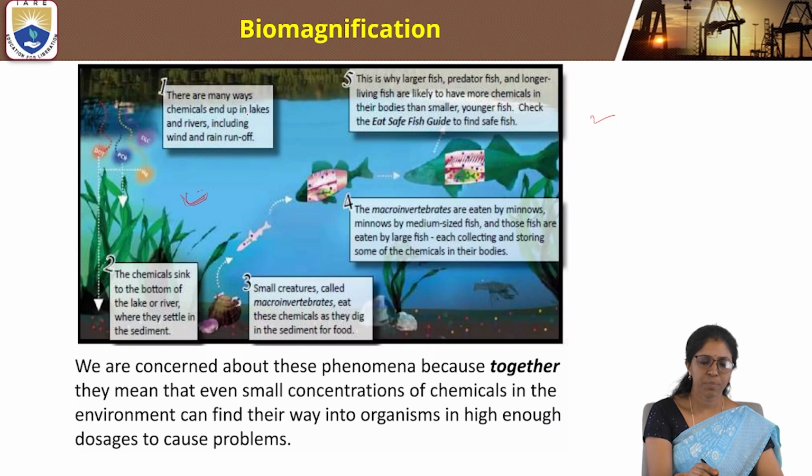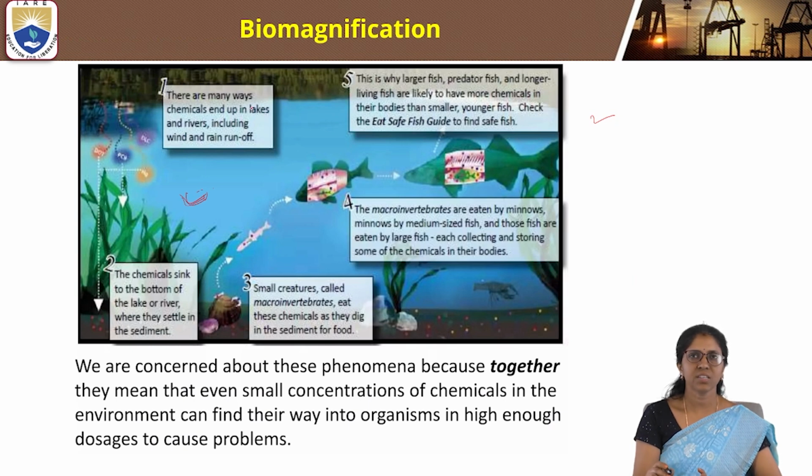There are many ways for chemicals to end up in lakes and rivers, including wind or runoff. So this lake will get many contaminants from runoff, wind, or any other pollutants. The second step is that the chemicals sink to the bottom of the lake or river, where they settle in the sediment.